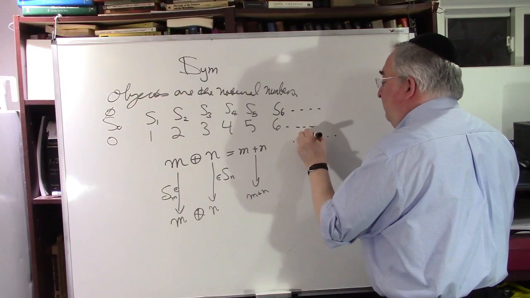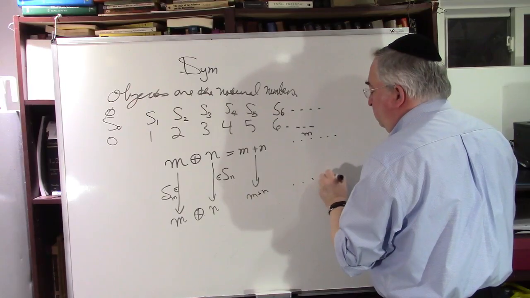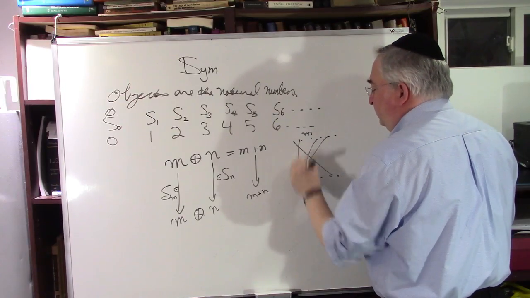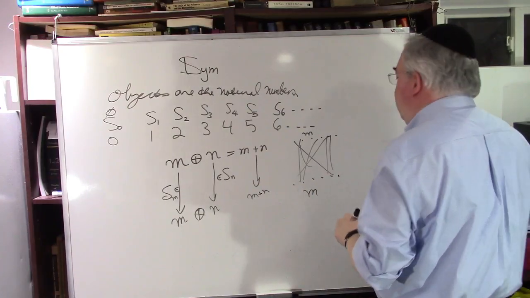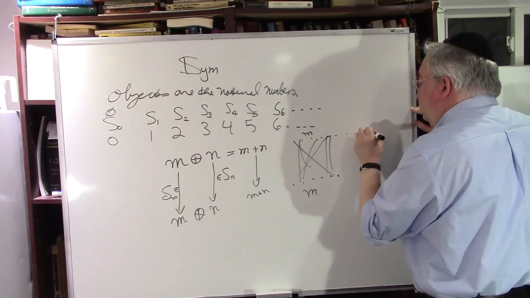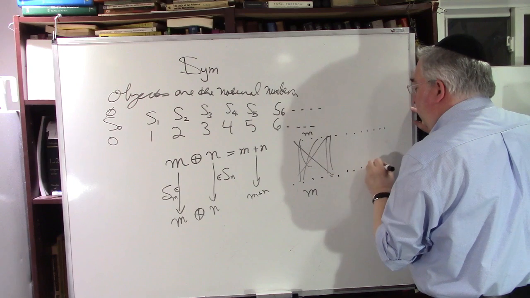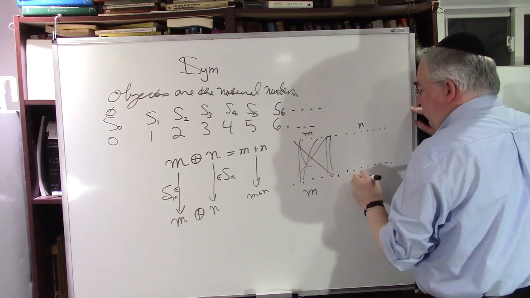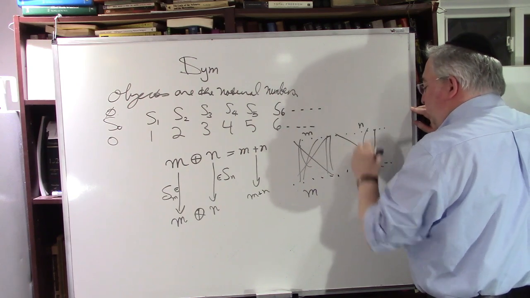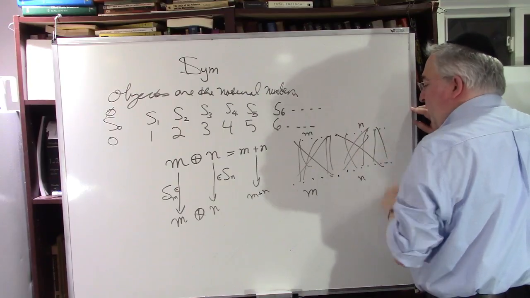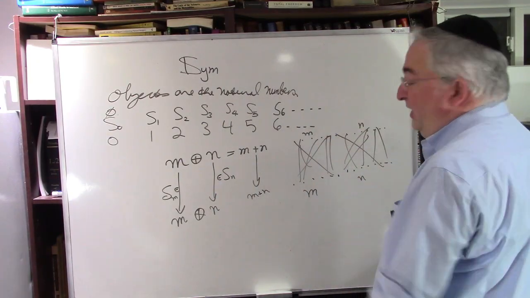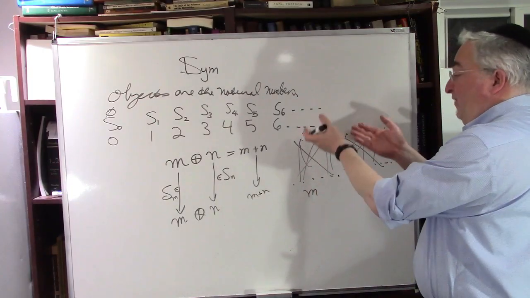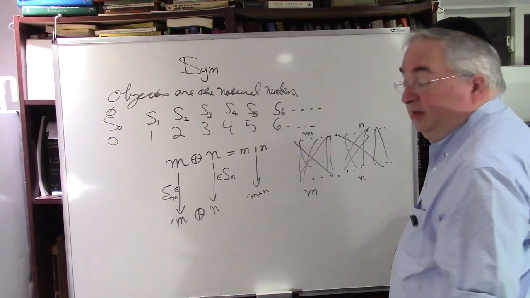There's M dots here, and N dots here, with some type of permutation. Put them together, concatenate them, and you have a permutation of M plus N guys.